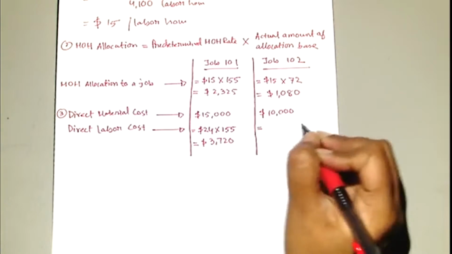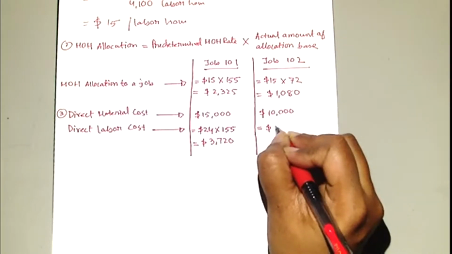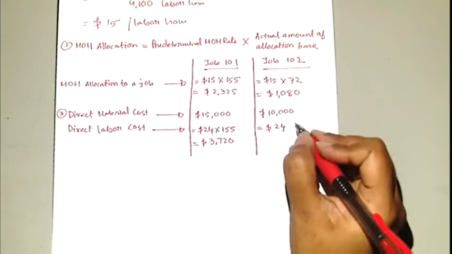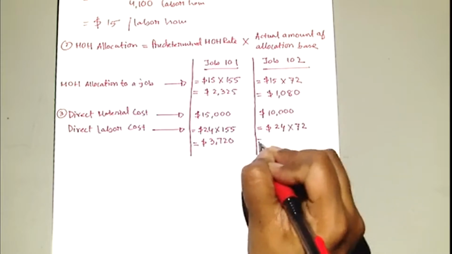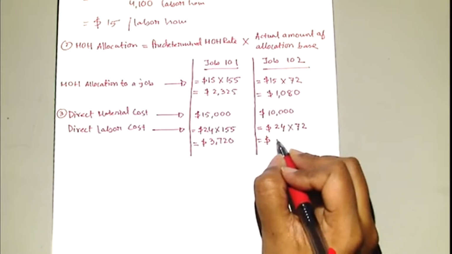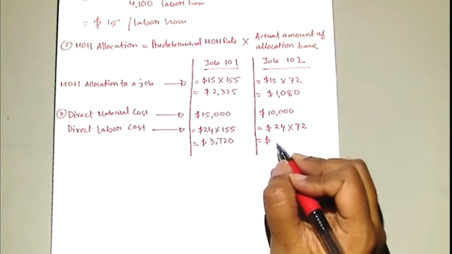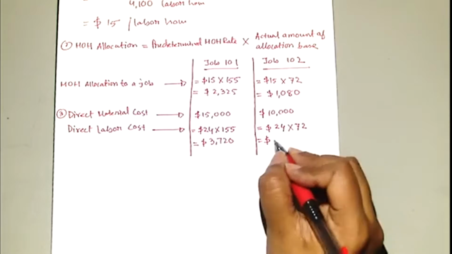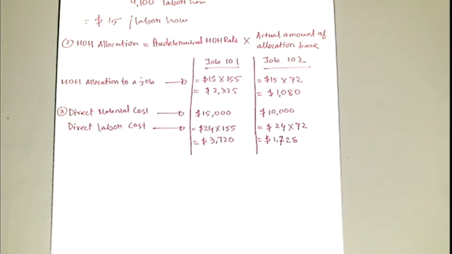For job 102, wage rate is $24 per hour, and your labor worked for 72 hours, which gives you total labor cost is how much? John, come on, what are you doing? Yes, please. 1,728. That's your labor cost.